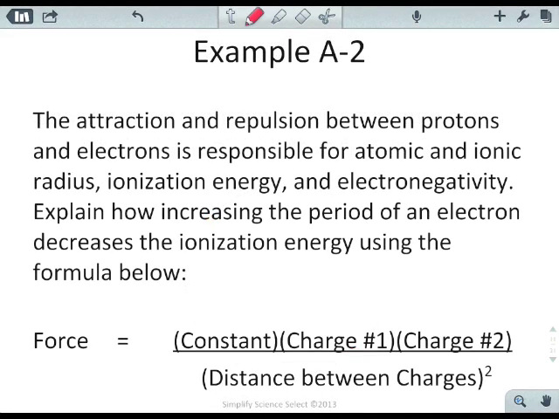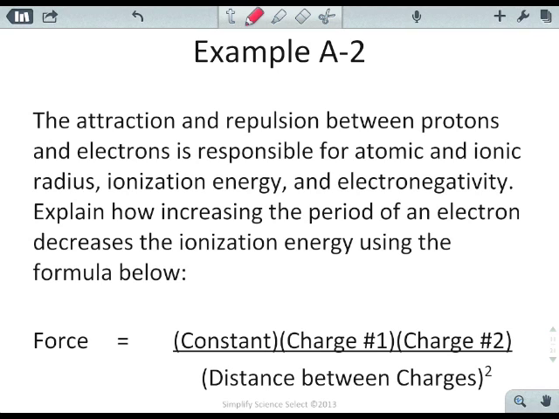Now, example A2, it says the attraction and repulsion between protons and electrons is responsible for atomic and ionic radius, ionization energy, and electronegativity. Explain how increasing the period of an electron decreases the ionization energy using the formula below. Okay, so we're increasing the period of electrons. The one thing we have to understand is that when we increase the period, we're increasing the energy level.